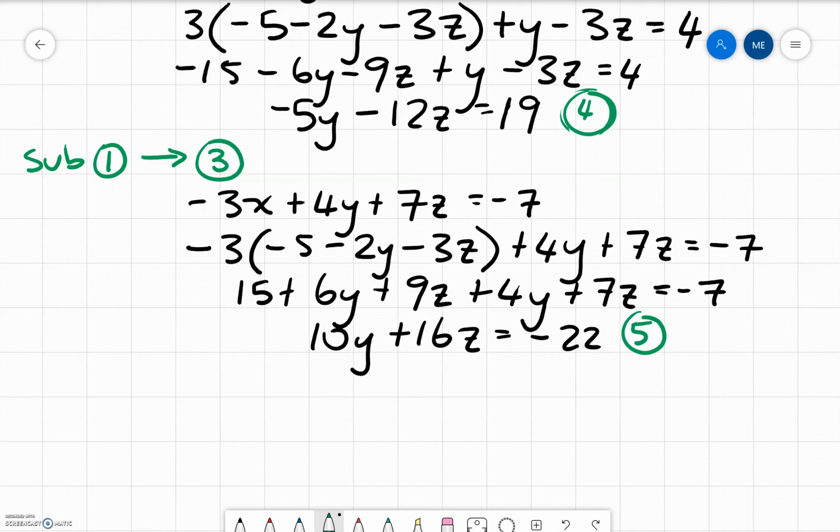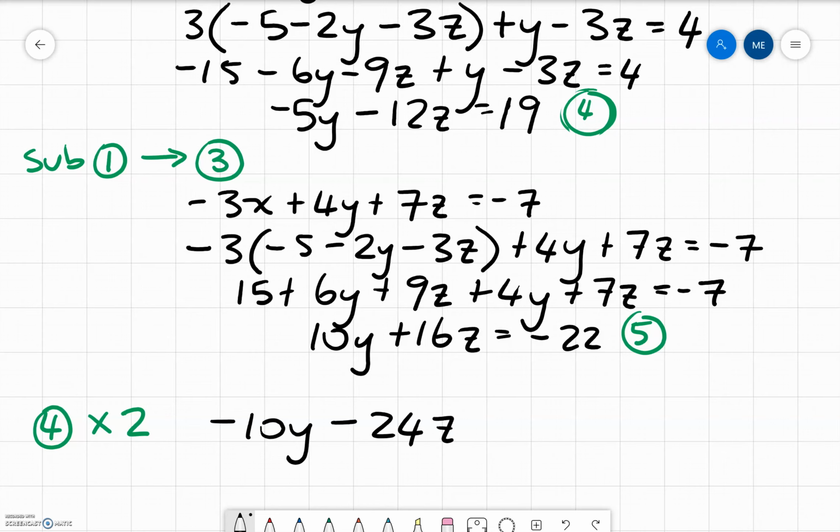I notice that if I multiply equation 4 by 2, then I will have 10y in both of them. So I'll be able to add them together to eliminate the variable y. So I'm going to take equation 4 and multiply it by 2. So I get negative 10y minus 24z equals 38.